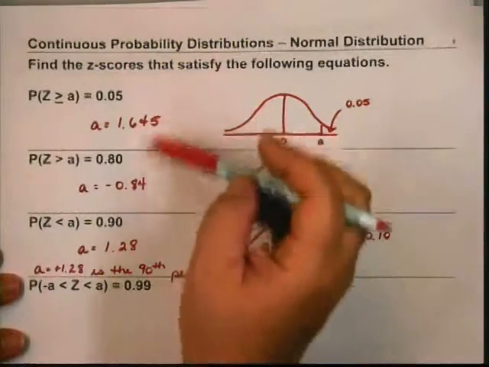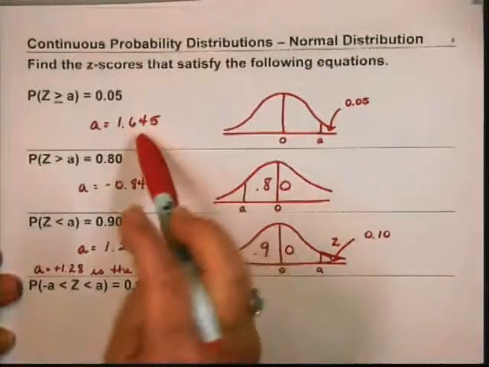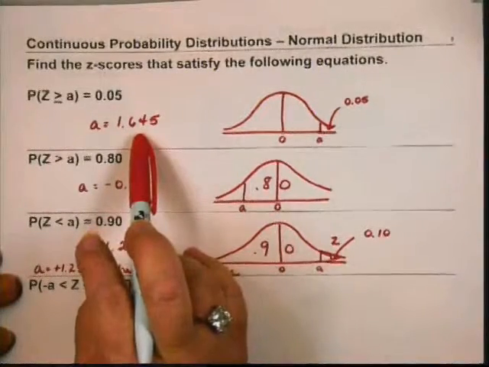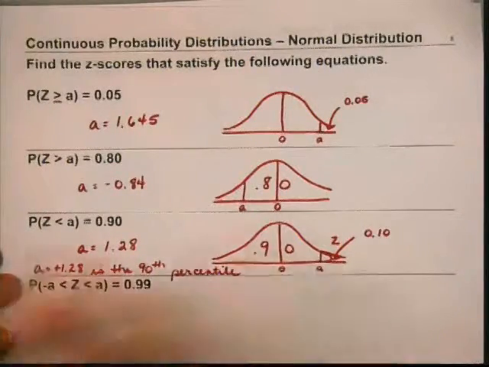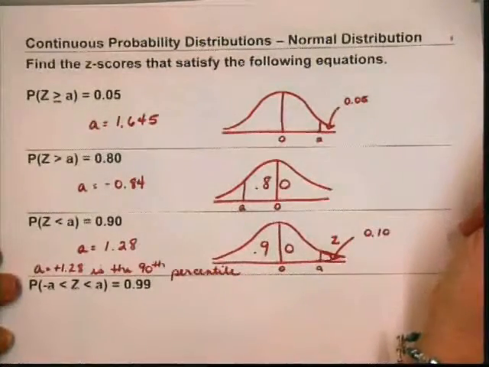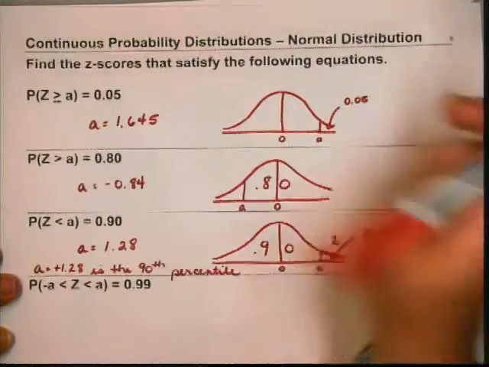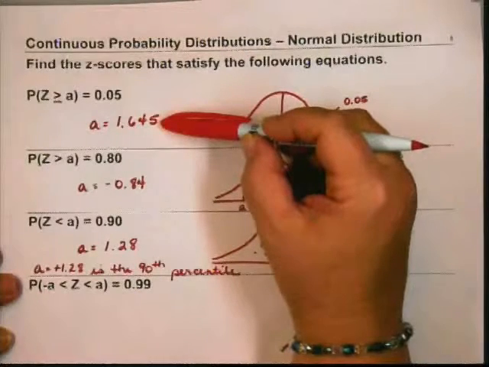What could we say about these two up here in terms of percentile? In the first one, 1.645 is the area to the right is 0.05, the area to the left is 0.95. So up here, 1.645 is the 95th percentile of the standard normal distribution.